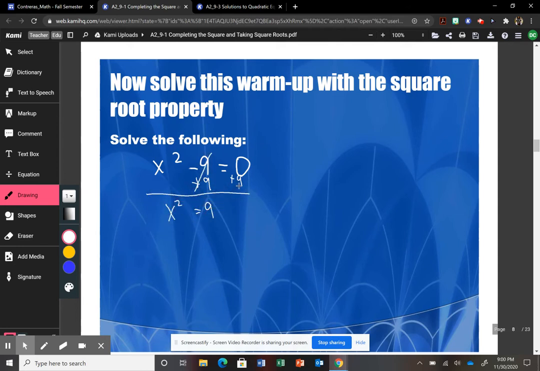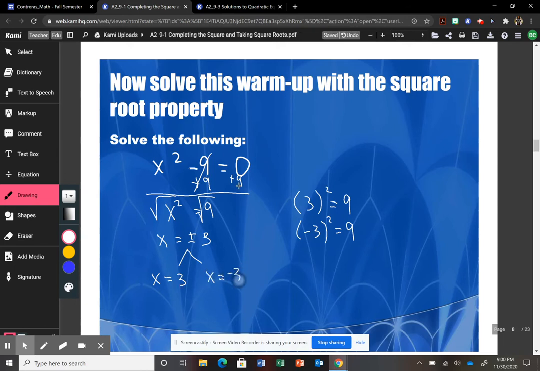Then next I just take the square root of both sides. So that means we have x is equal to plus or minus 3. And you could think of it this way: what number squared gives us 9? Well, one solution would be 3, and another solution is also -3, which would give us 9. So that is why we have two solutions, one being 3 and one being -3.